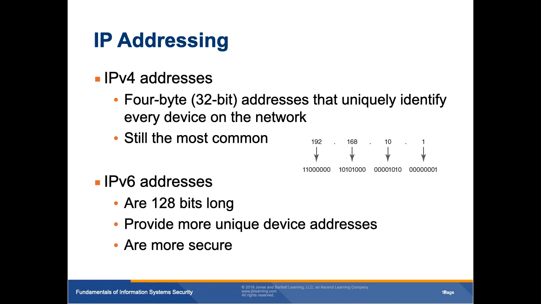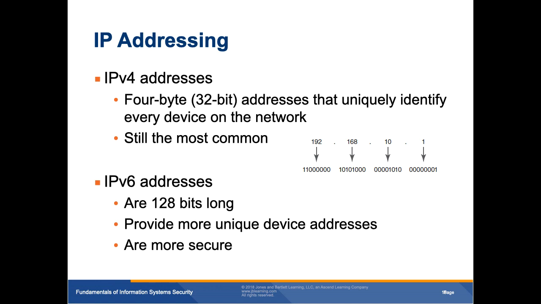We're moving more and more towards IPv6 addresses. It's been a long time coming and a lot of pushback, but we ran out of IPv4 addresses, so it's going to get to the point where we have to use IPv6 addresses, at least externally and on the web, with all the mobile devices and everything that we have.